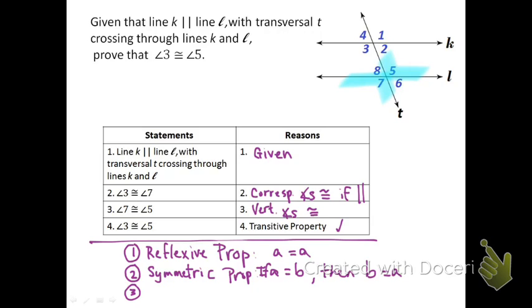This one is the transitive. And this one is a very crucial geometric property. I'll actually write property this time so you know what we're saying. The rule is if A equals B and B equals C, we can draw a connection.